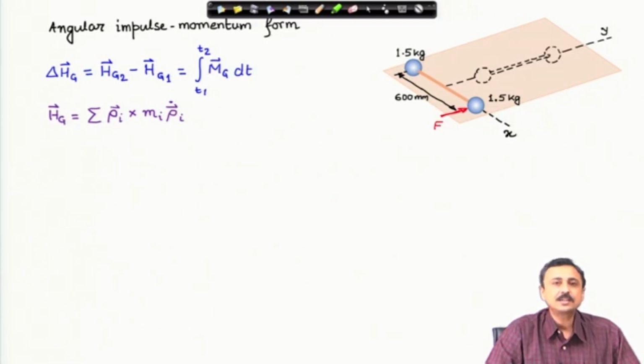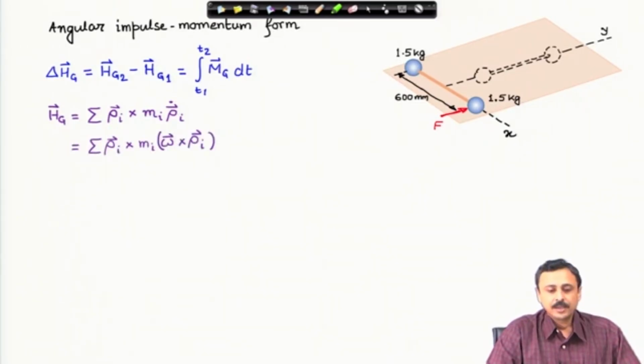It is the same as the relative angular momentum about the center of mass, so summation of rho i cross m i rho i dot. And here we have two mass particles connected by a rigid rod or a rigid frame. Therefore, rho i dot is omega cross rho i, as we have discussed before.